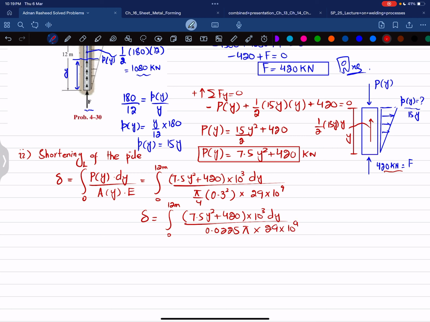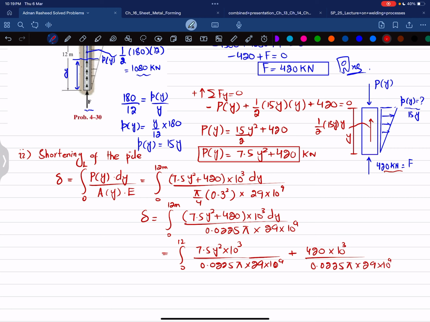Okay, what we will do is that we will take out 7.5 y square into 10 raised to power 3 divided by 0.0225 times pi multiplied by 29 into 10 raised to power 9, plus 420 into 10 raised to power 3 divided by 0.0225 pi multiplied by 29 into 10 raised to power 9, multiplied by this dy. That will give you change in length.